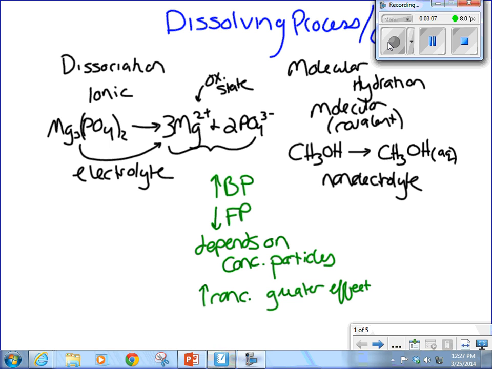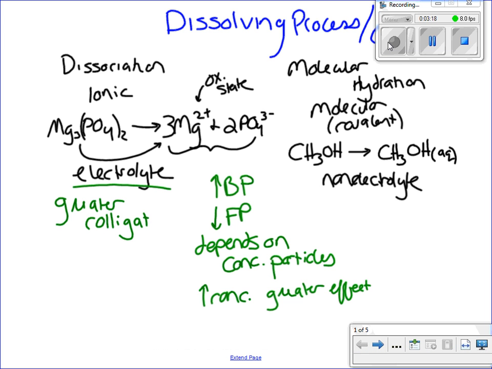So something that's an electrolyte, something that dissociates into ions, is going to have a greater colligative effect than something that doesn't, okay? I put in 1 methanol, I get 1 methanol out, okay?